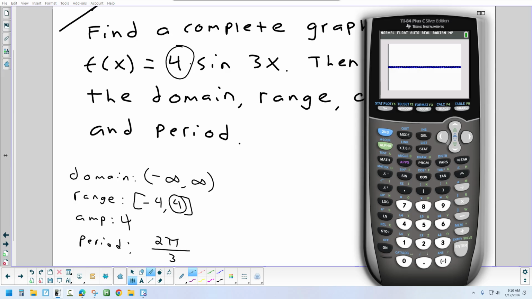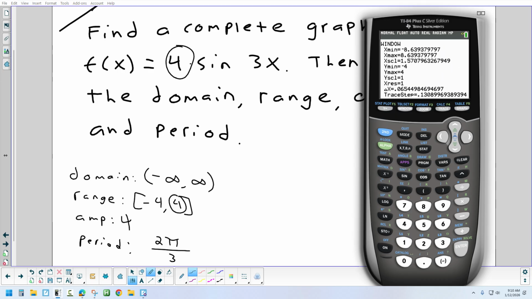Zoom 7, that's going to look a lot better. That's just barely okay. I would probably set the Y min and max a little higher. But Zoom 7 defaults to -4 to 4 on the Y, which is exactly enough for the range.